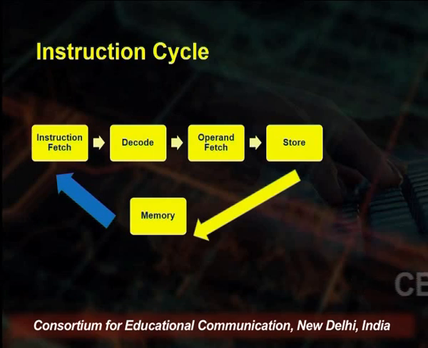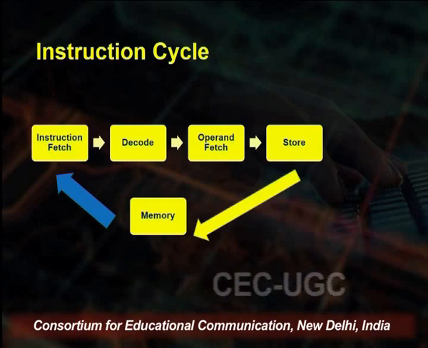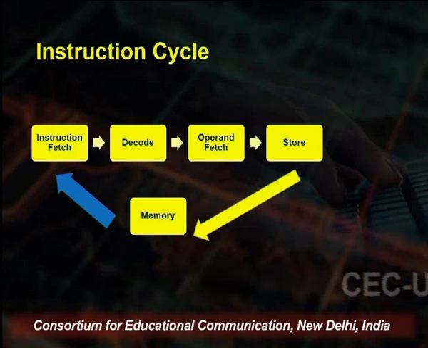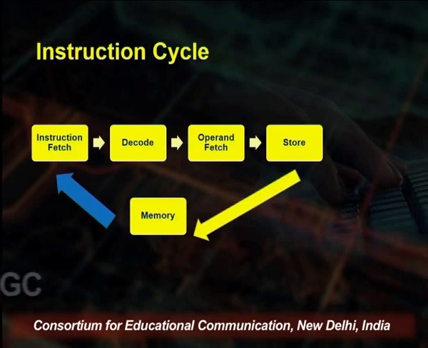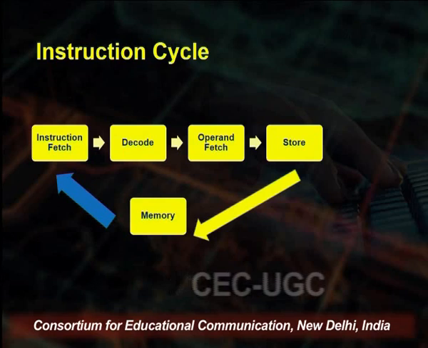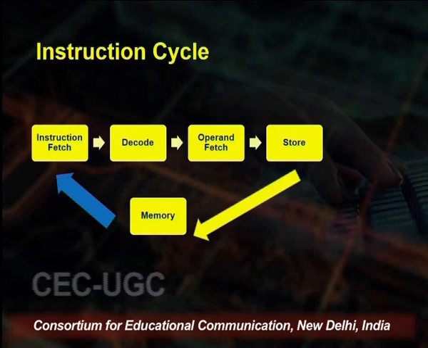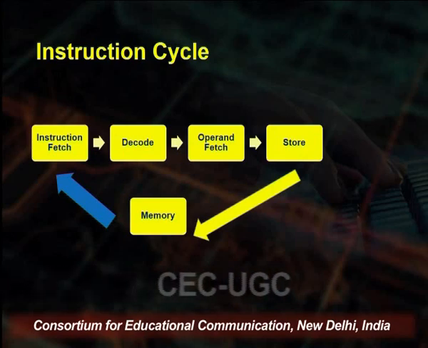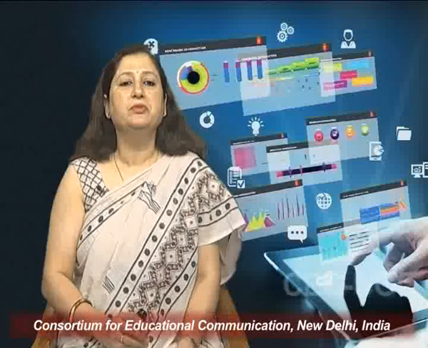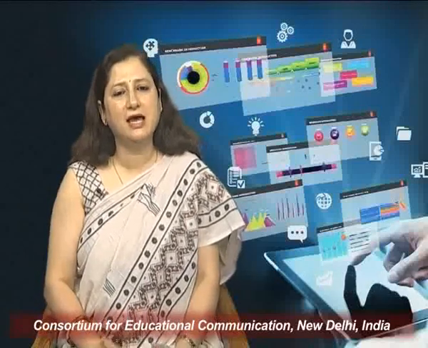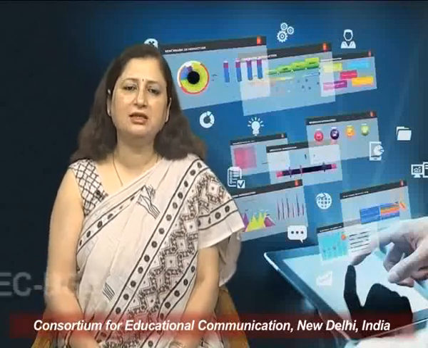After the instruction is fetched, it has to be decoded, and then the operands are fetched from the memory. So the instruction is residing in the memory, the operands are residing in the memory, and finally the result coming after the execution is also going to be stored in the memory. So whenever an instruction is executing, for the instruction, the operands and the result, the memory has to be accessed.